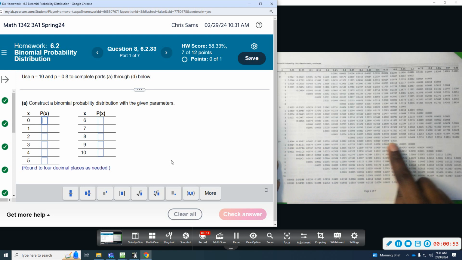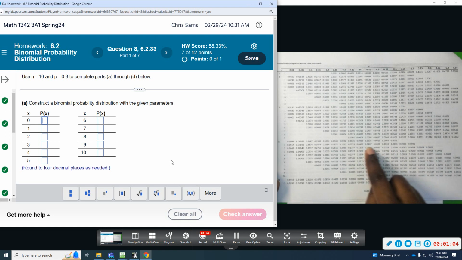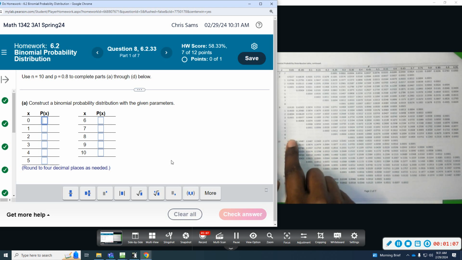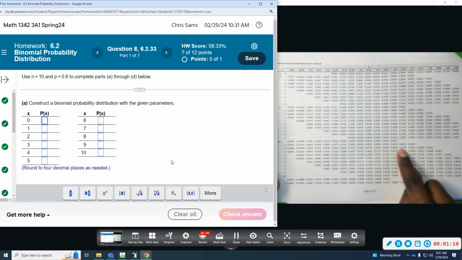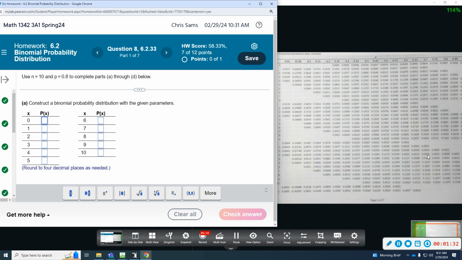When I get over to 80, there's nothing in 0, nothing in 1, and the first probability is on the line for 2. We can confirm that with the StatCrunch app, but I'll probably use this table under 80%, and for 0 and 1, we'll do 0, and then 2, 3, 4, 5, 6, 7, 8, 9, and 10 will be our remaining probabilities.